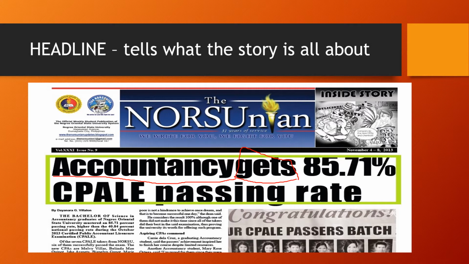And lastly, what is the object? Very easy. 85.71% CPALE passing rate. In order to catch readers' attention, the headline alone must be catchy or witty. Headline writing will be discussed further in the next session.